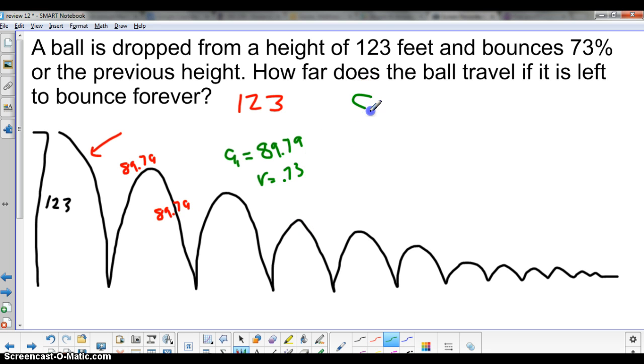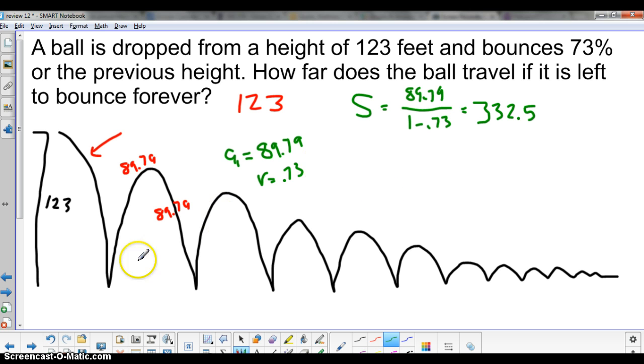Okay, so that sum is a sub 1, 89.79 over 1 minus 0.73, which is just 89.79 divided by 0.27. And so it's going to be somewhere around 332.5. I think it repeats forever, so we'll just leave it at 332.5.